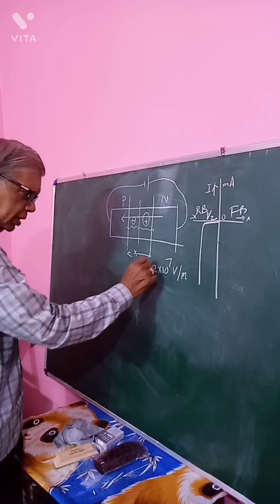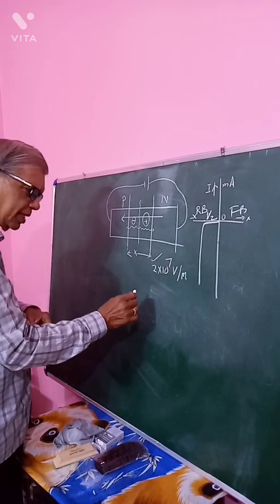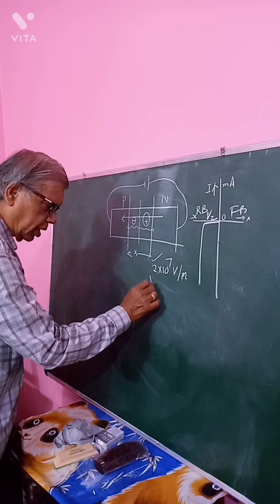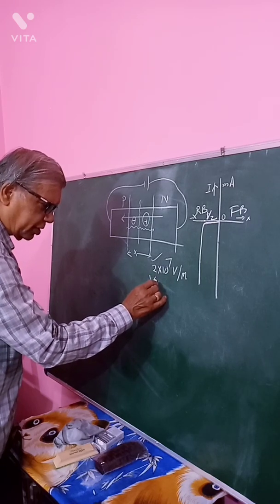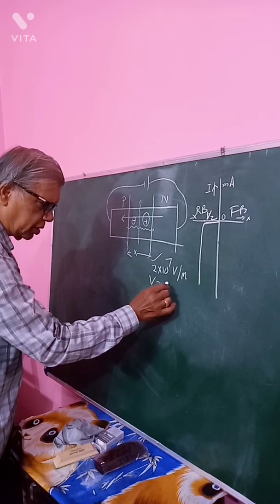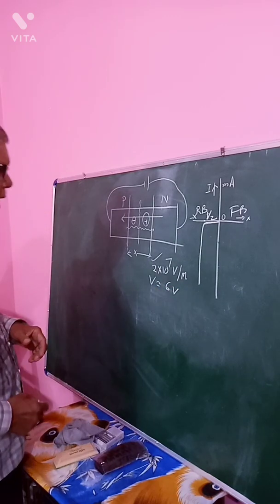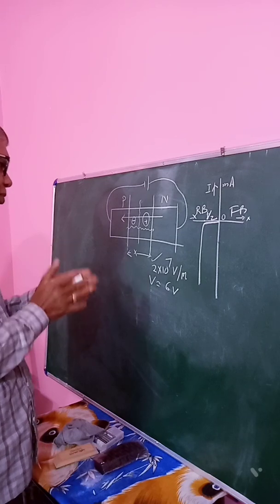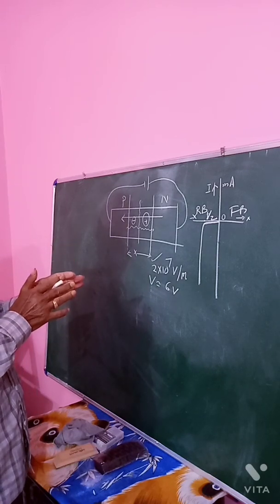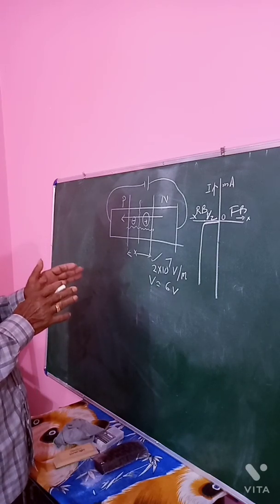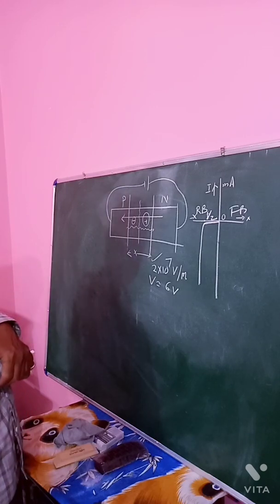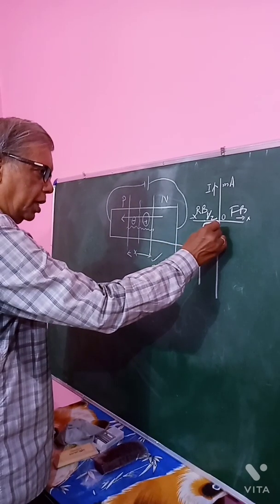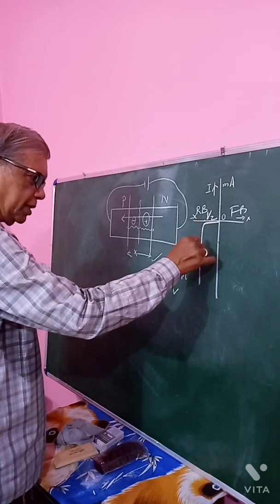This intensity is achieved when the voltage across the junction is nearly 6 volts, and this breakdown is called Zener breakdown, and Zener current increases very sharply.